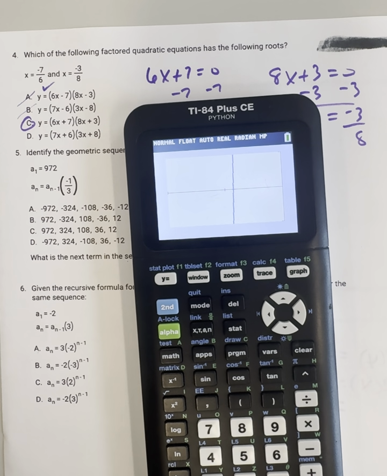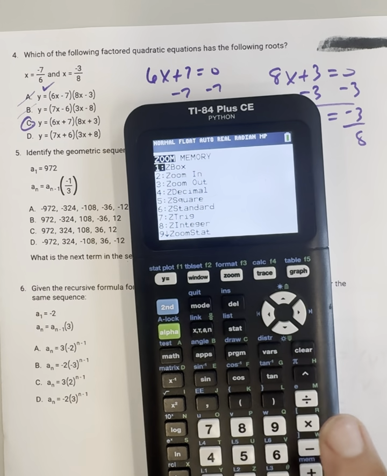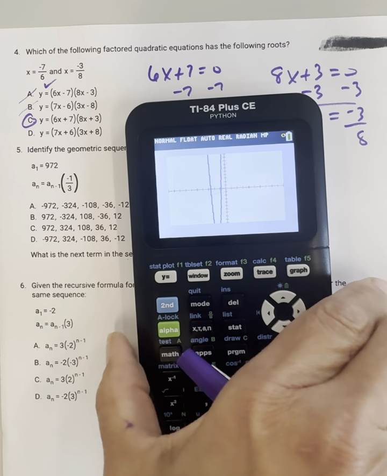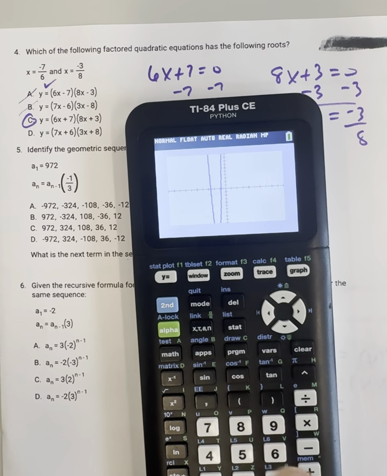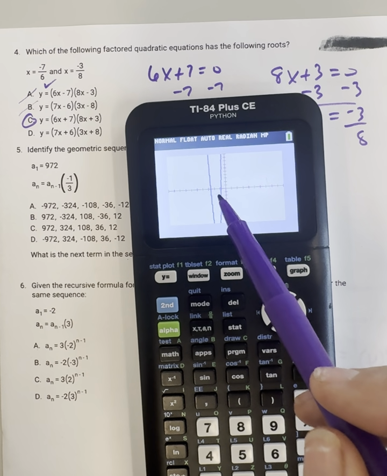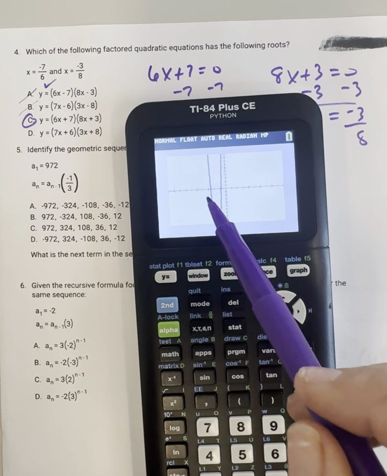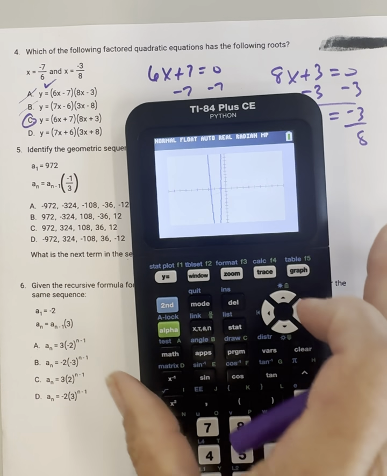So if you're unsure, graph it and see if it crosses at those 2 points. And so zoom standard takes your window back to the standard. And so the other one, it crosses close to -1 and between -2 and -3.